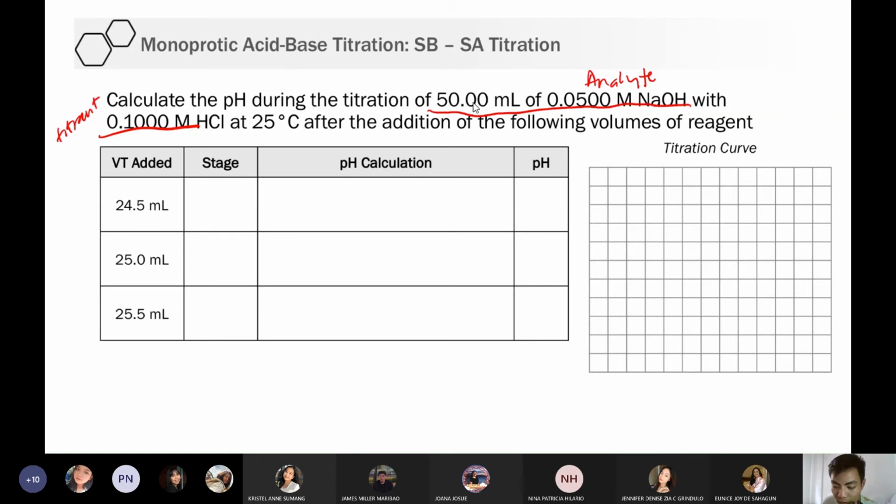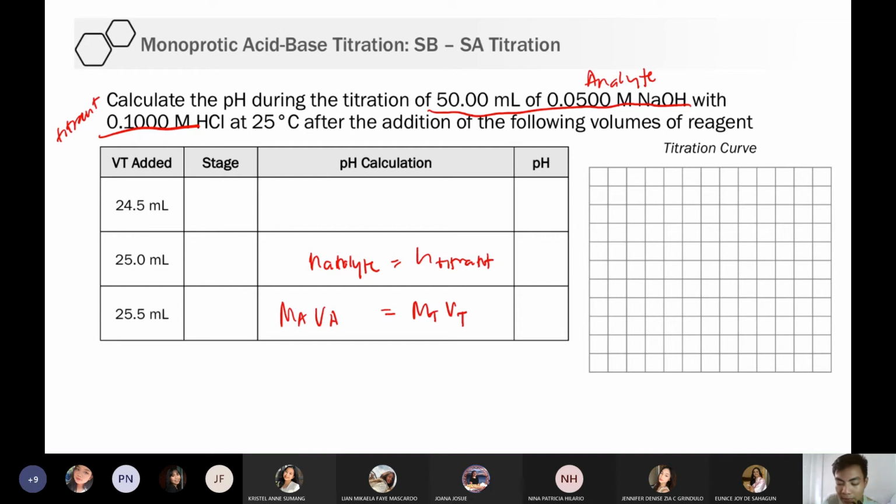Alamin yung equivalence point volume. Again, ano yung condition natin to find the equivalence point volume? We say that mole of analyte is equal to the mole of titrant at equivalence point. Okay. How do we solve for the moles analyte? That's MAVA. How do we solve for the moles of titrant? That's MTVT.